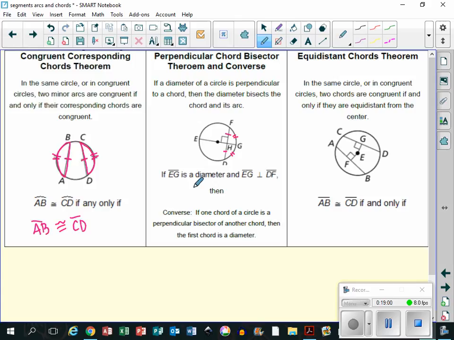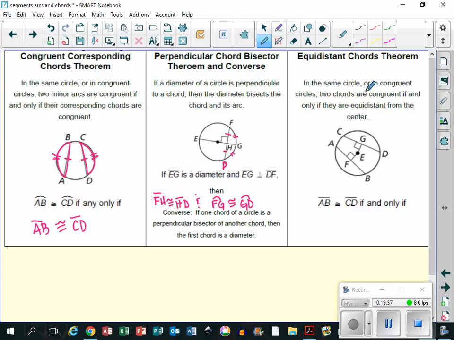If EG is a diameter, and EG is perpendicular to DF, and this is supposed to be D, then FH is congruent to HD, and arc FG is congruent to arc GD. The converse is also true. If you have pieces that are equal, then you'll also have a diameter that's perpendicular to a chord.